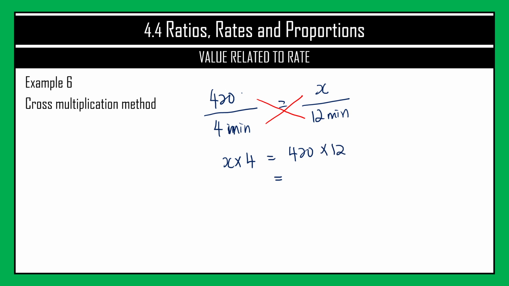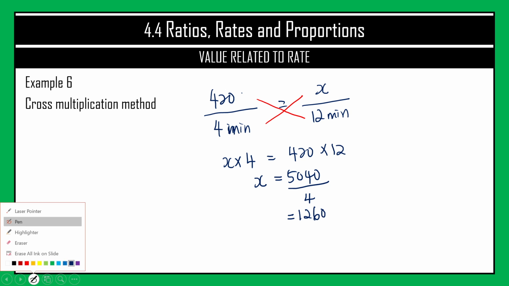So 420 multiplied with 12, you will get 5040. Now I only want to find x, so I need to divide with 4. And you will get the same answer, which is 1260.